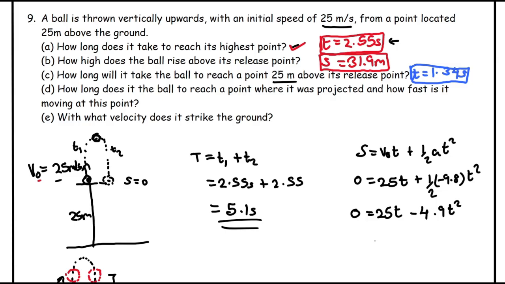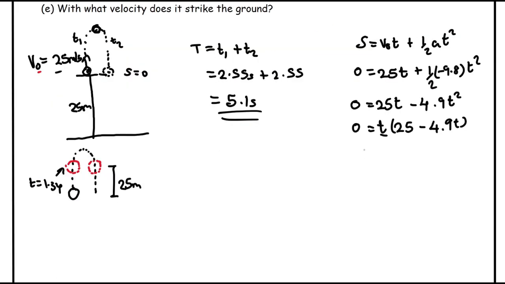At this point, we can factor out T so that we have T open 25 minus 4.9T. We'll say T is equal to 0 or 25 minus 4.9T is equal to 0. We take the 4.9T to the other side. We get this. Divide both sides by 4.9.